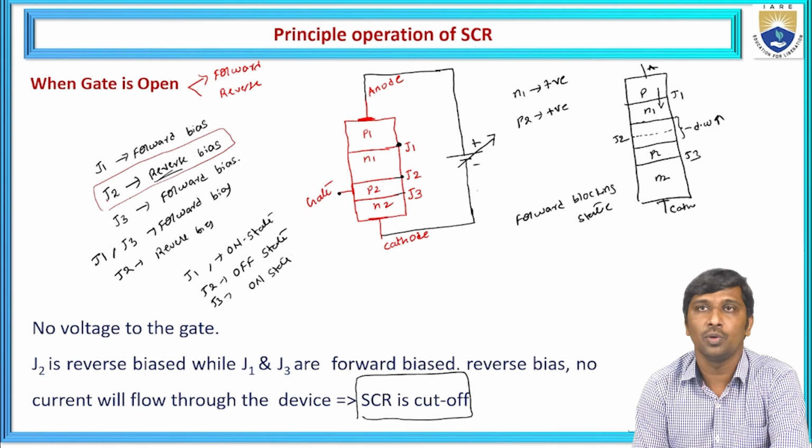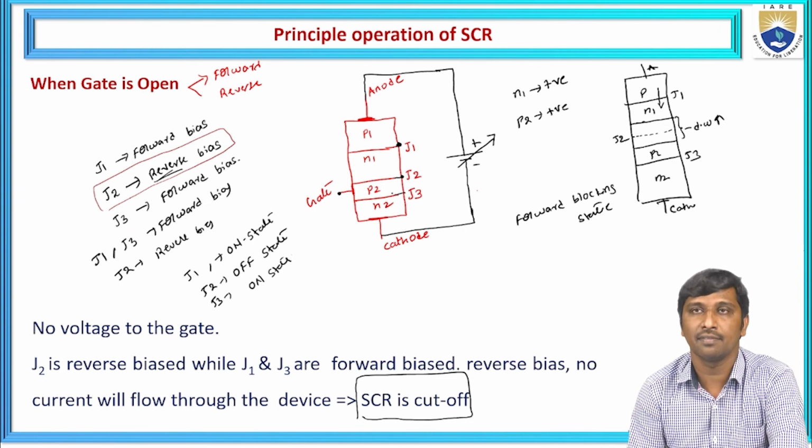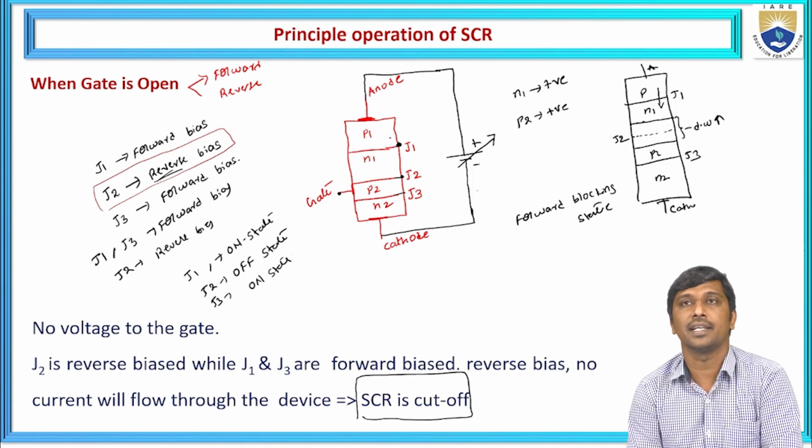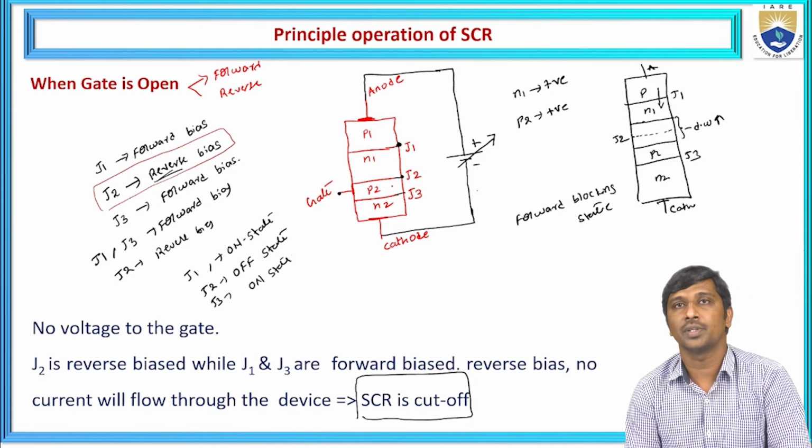Now we need to allow current from the anode to cathode. We need all the junctions to be forward biased. If all the junctions are forward biased, then it easily allows the current from anode to cathode, meaning the charge carriers easily diffuse from the cathode to the anode. Hence, it allows the maximum conduction from the anode to cathode.